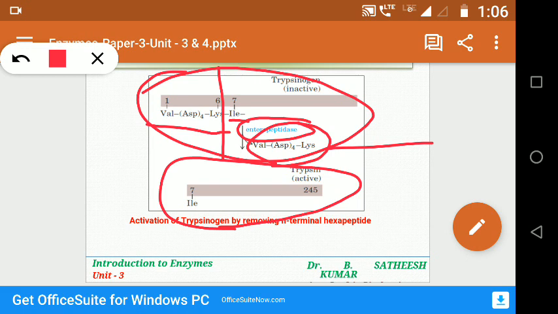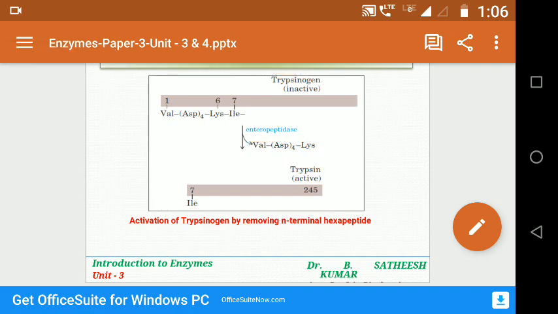The cleavage is irreversible, so the zymogen is irreversibly converted to active form. Here enteropeptidase is an activating enzyme which proteolytically cleaves the hexapeptide from the trypsinogen to make it an active enzyme, that is trypsin.